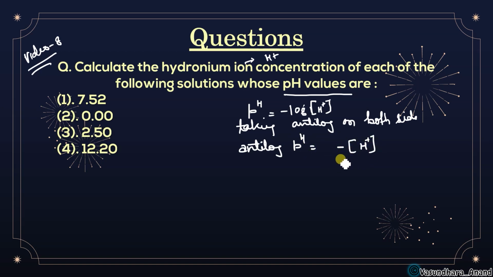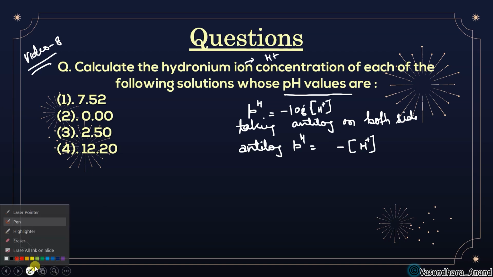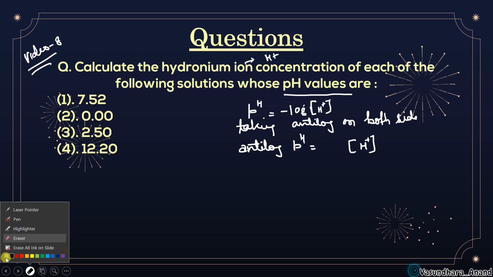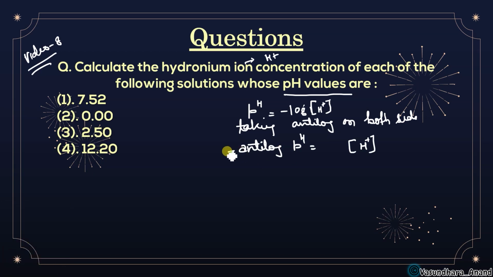You want that H plus concentration, so what next? You just remove the minus sign from here and put it on the other side. So you can find the H plus concentration directly by this formula.